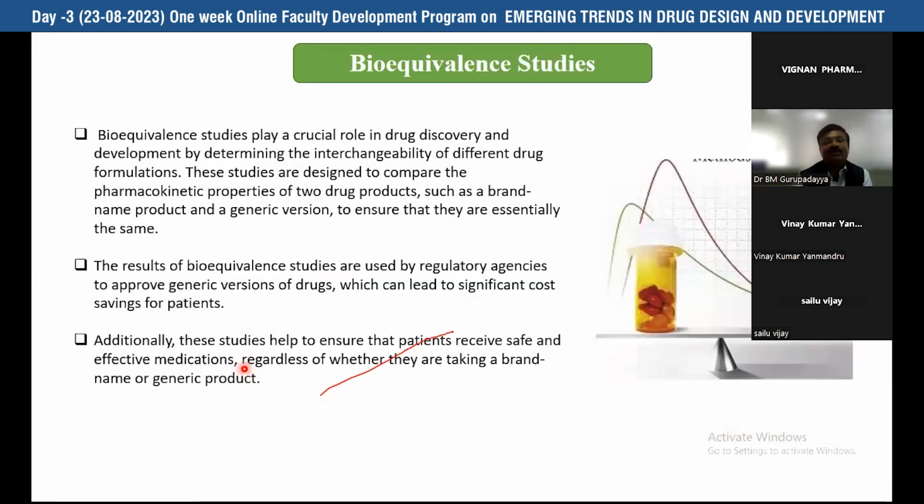Another important aspect of the bioanalytical approaches is bioequivalence studies. In bioequivalence studies also, bioanalytical methods are used, and without understanding the bioanalytical concepts, bioequivalence studies cannot be carried out. Bioequivalence studies play a crucial role in drug discovery and development, determining the interchangeability of different drug formulations.